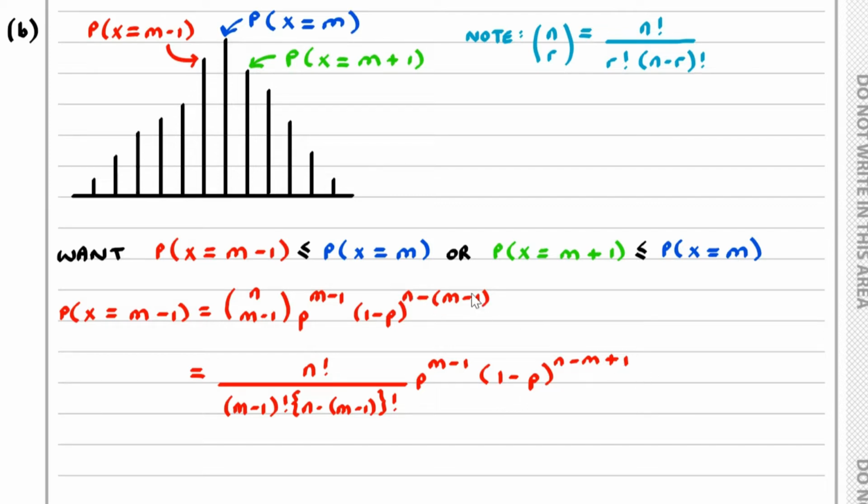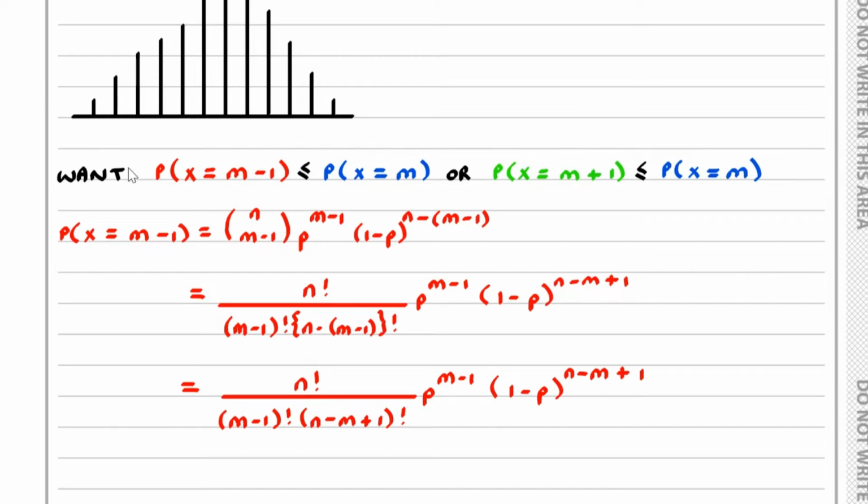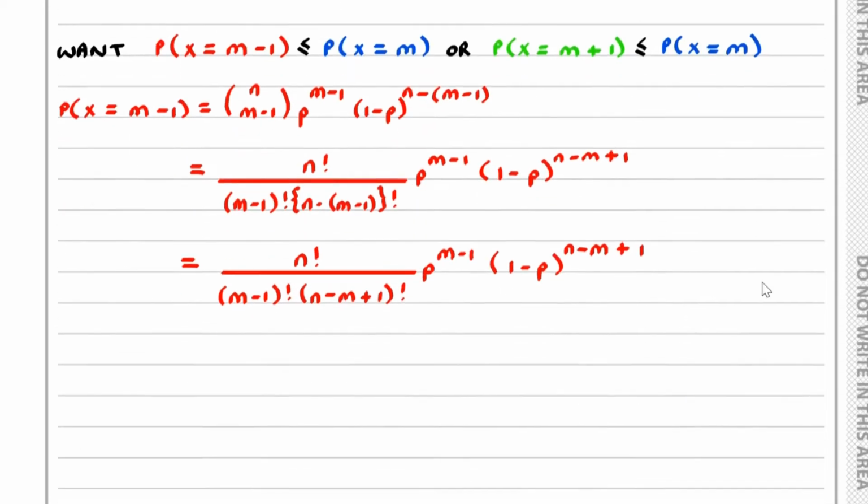Notice the negative and the negative give this positive. Now, if we tidy this up even further, we have n factorial divided by m minus 1 factorial multiplied by n minus m plus 1 factorial, again the minus and the minus give this plus, multiplied by p to the m minus 1 times 1 minus p to the n minus m plus 1.